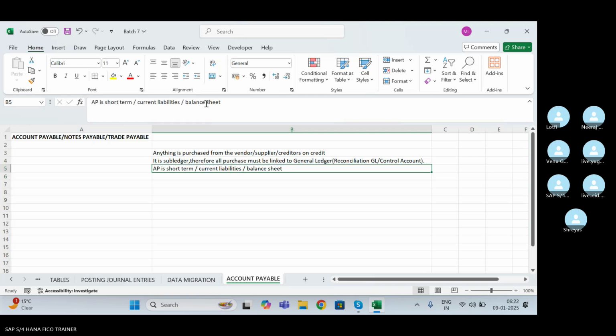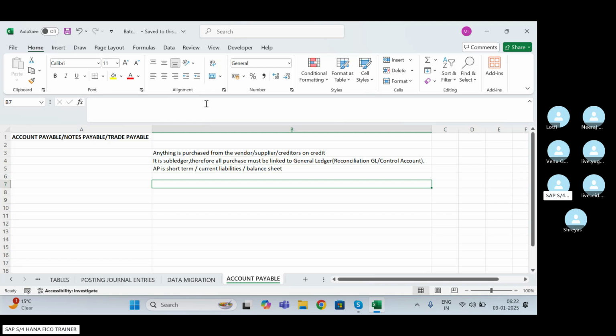Now, to do the purchase activity, you must have the vendor master or vendor number created in SAP. You are purchasing one laptop from Dell, so Dell should be created as a vendor in your SAP. If you are purchasing anything from Walmart, Walmart must be created as a vendor in SAP.